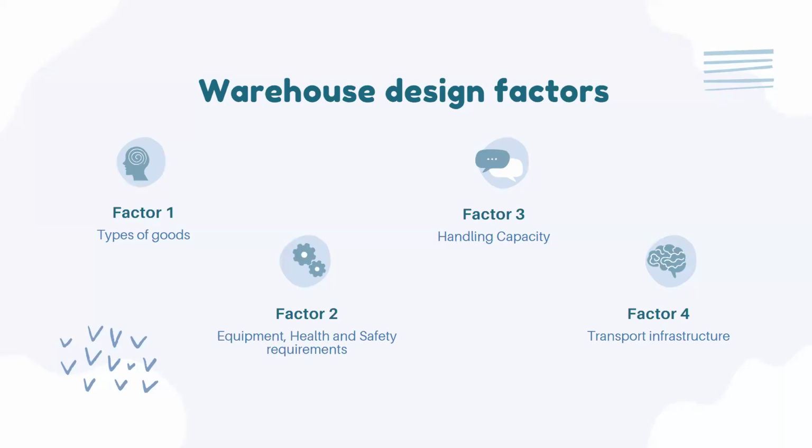The factors in warehouse design may include the type of goods, with some goods like food, or something more bulky like chemical boxes. Different types of goods may require different types of warehouse.